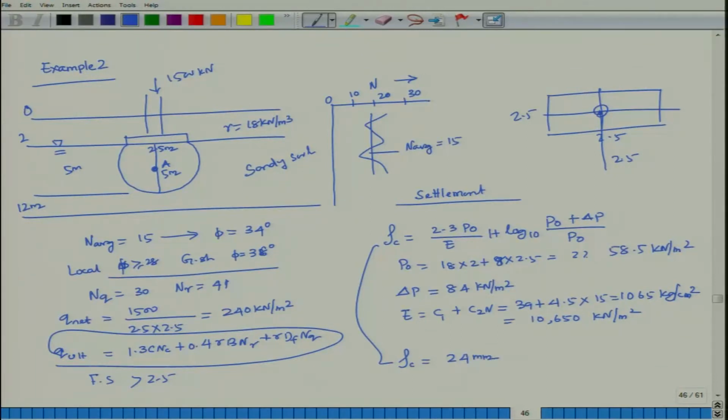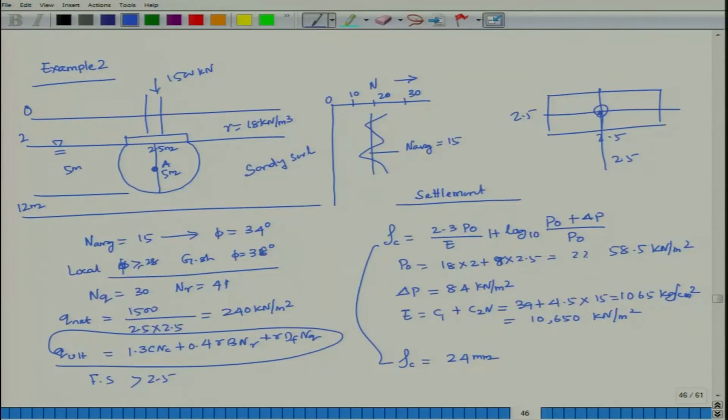So, if you look at this example 2, there is a subsoil profile, the water table is located at 2 meter depth and the foundation size is 2.5 meter by 2.5 meter, resting on sandy soil below a depth of 2 meter below the ground surface.